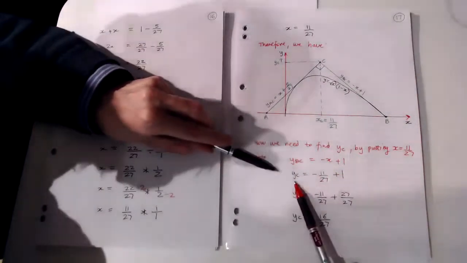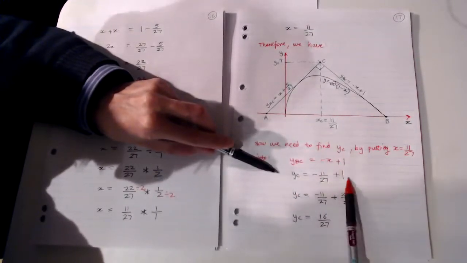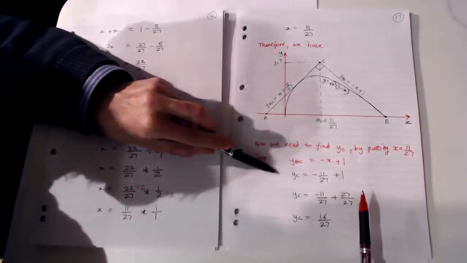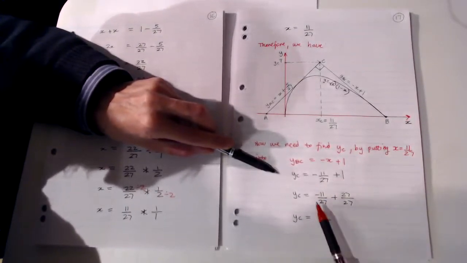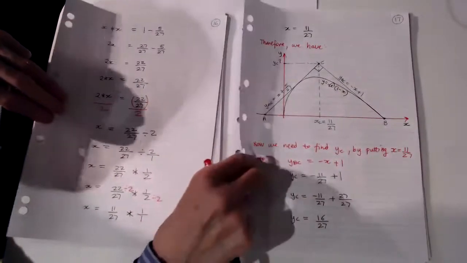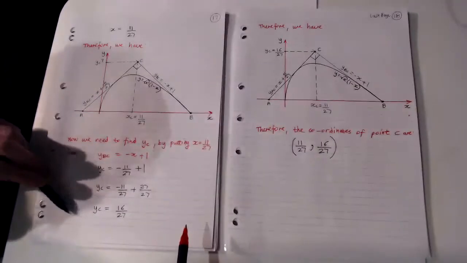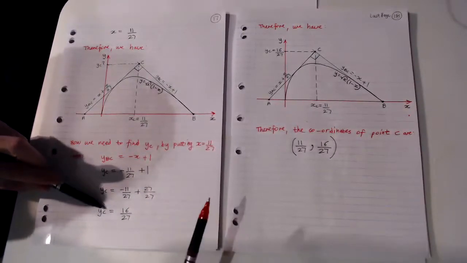And that becomes y sub C equals negative x, which is negative 11 on 27, plus 1. Now we've got to work out what y sub C is using grade 5 fraction theory, basically. Negative 11 on 27 plus 1, which is 27 on 27. And then negative 11 plus 27 is 16 on 27. And now we know that y sub C equals 16 on 27.